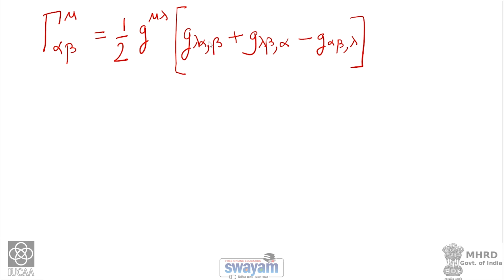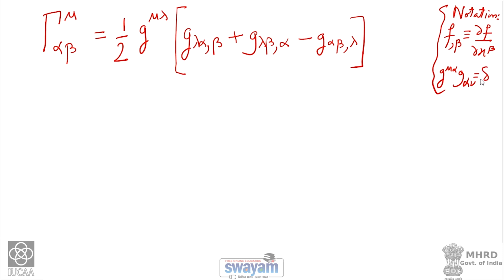So, our notation is that for any function f, when I say f comma beta, what I mean is this is del f by del x beta. Similarly, in our notation, g mu lambda upstairs is the contravariant metric, which by definition is g mu alpha, g alpha nu is the Kronecker delta mu nu. All right.